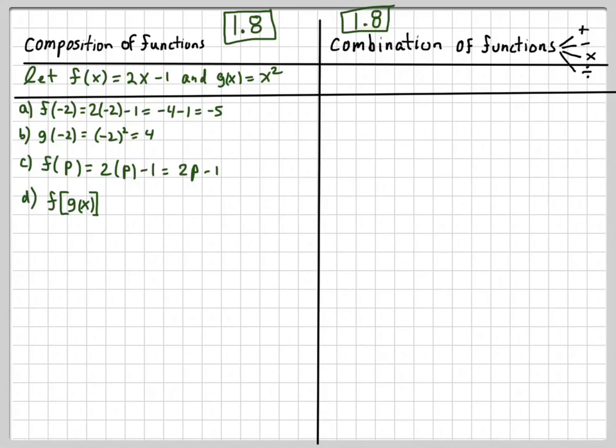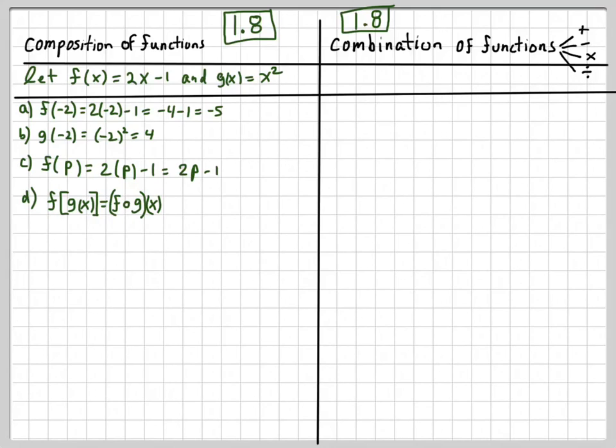As another example, let's say that I ask you to find f of g of x. Well, in this case, it wants you to substitute the whole expression that is g of x into f.